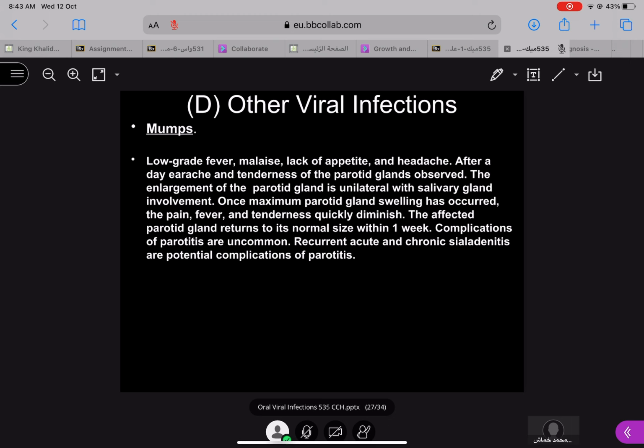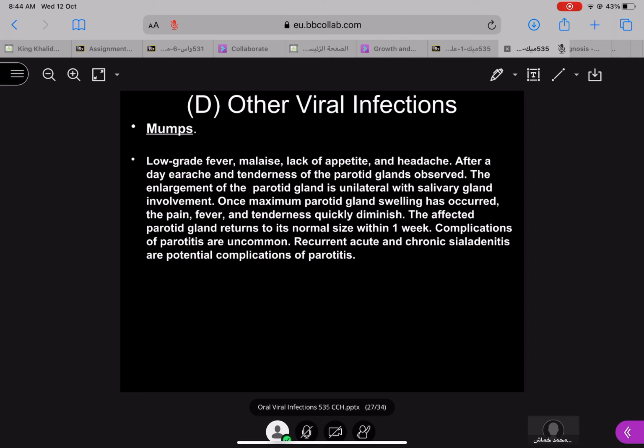Other types of infection we have are measles, mumps, and rubella. Mumps presents with lower grade fever, myalgia, lack of appetite, and headache. This is the manifestation.